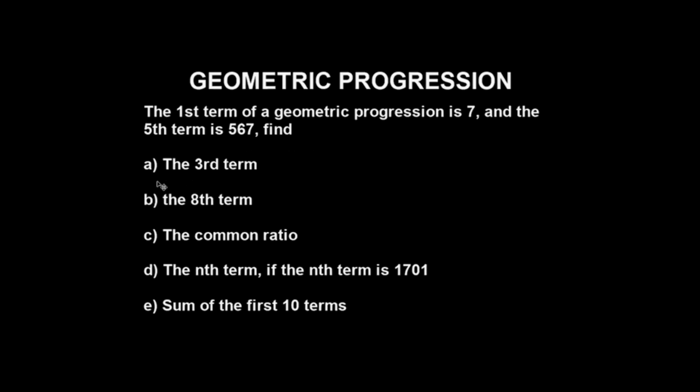Find A, the third term, B, the eighth term, C, the common ratio, D, the nth term if the nth term is 1701, and lastly the sum of the first 10 terms. Okay guys, very, very simple with the Casio calculator. Let's bring it now and go straight into solving each and every one of them.